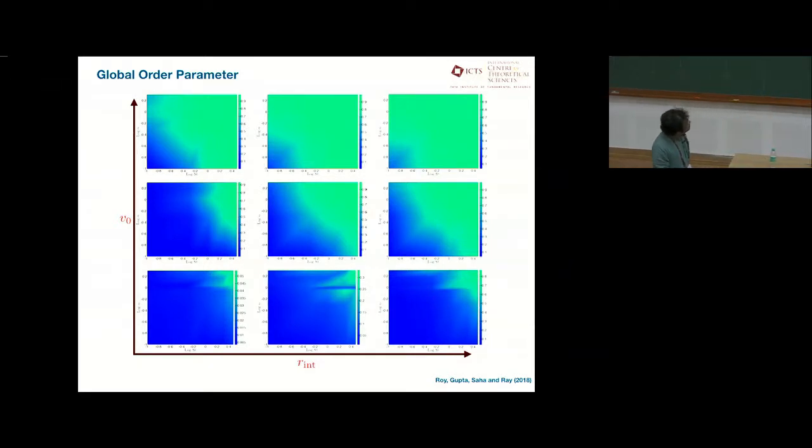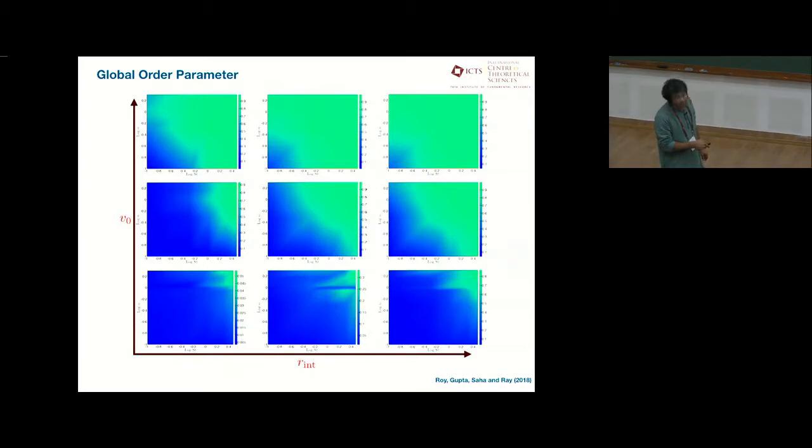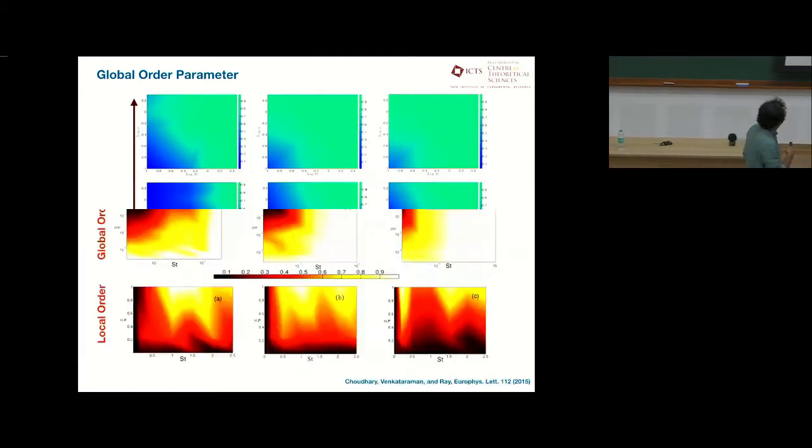However, if you increase your radius of interaction to a certain optimal value, then you see these green patches which are value 1. So for certain shapes of the particle, and these boundaries are slightly non-trivial, and we do not know where they come from actually, you see that for certain shapes and sizes of these particles there is an emergence, in the Vicsek sense, of completely correlated and collective motion.